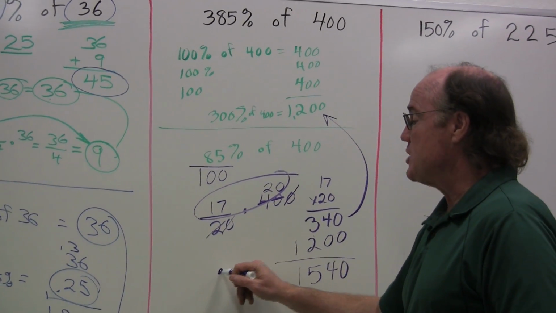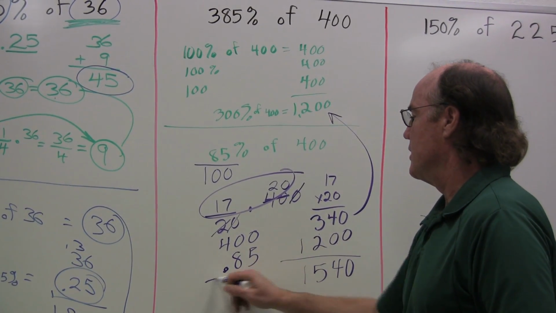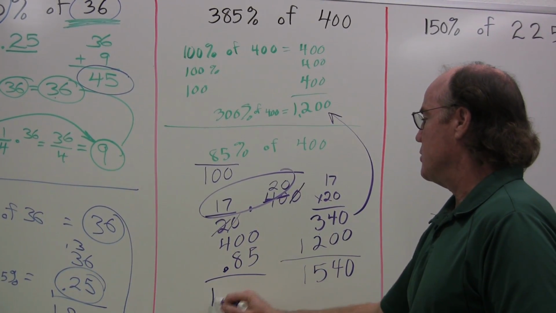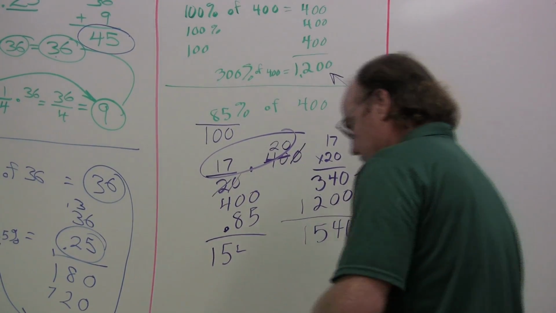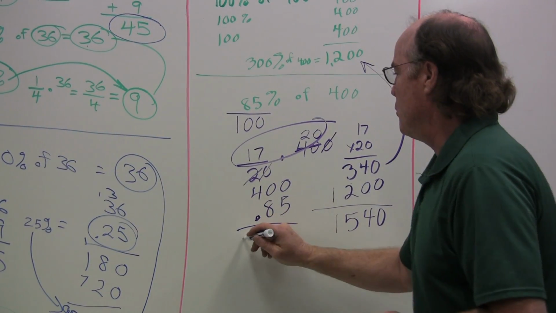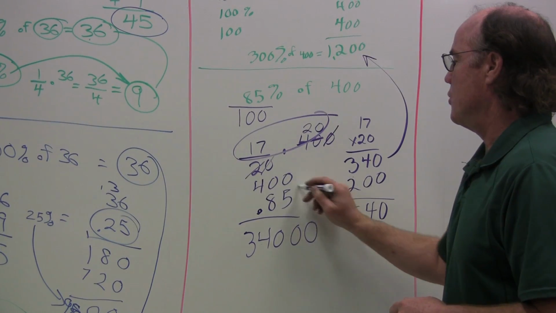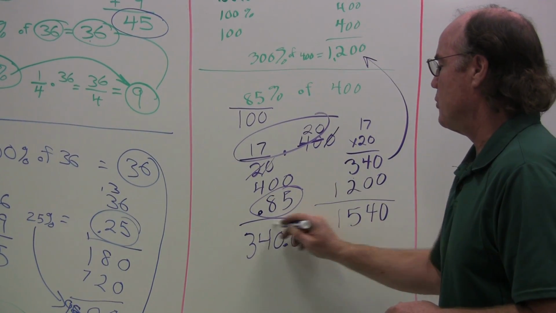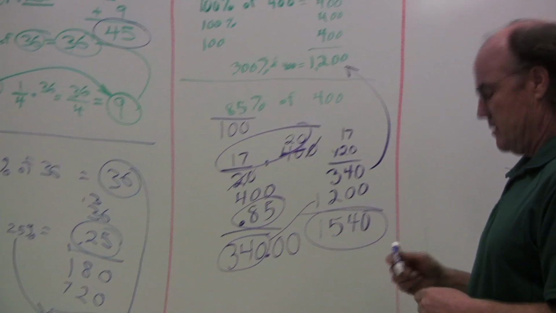Or we could go decimal, 85 times 400, and here we'll get 34,000. Take that back, 340. Add it with 1,200, we get that.